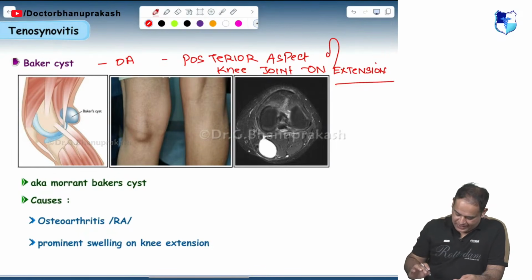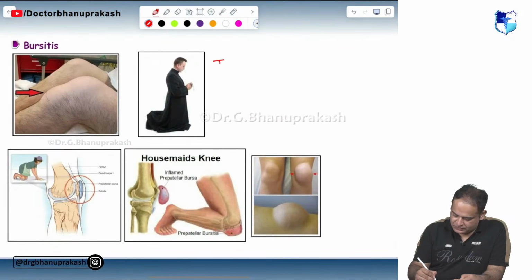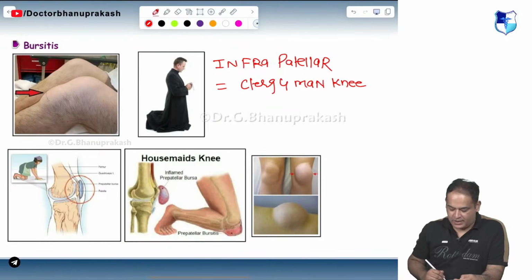It is seen on extension. Bursitis. So, infrapatellar bursitis is called as clergyman knee, right?